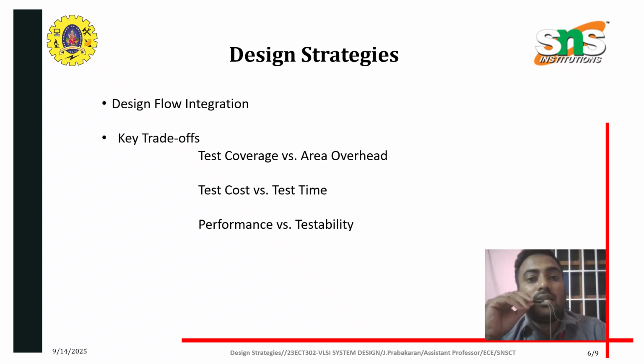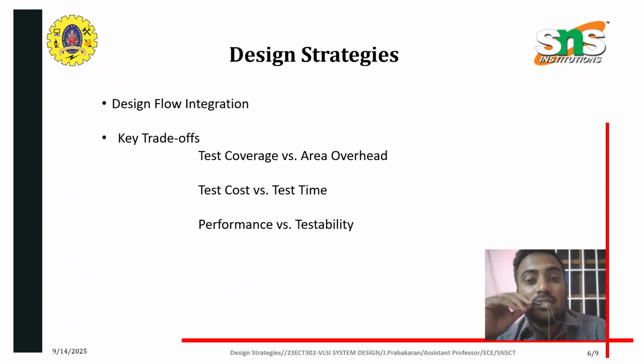Next thing is design flow integration. DFT must be integrated into the RTL to GDS2 design flow. Testing strategies are applied at multiple levels: RTL level, gate level, and physical design level. Here we have key trade-offs: test coverage versus area overhead, test cost versus test time, and performance versus testability.